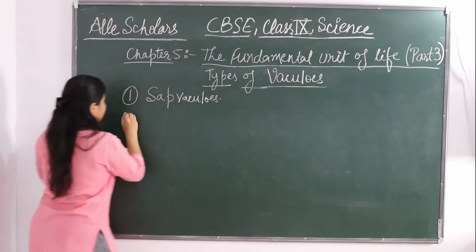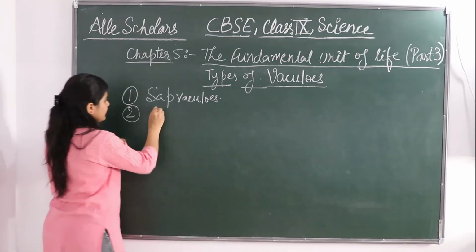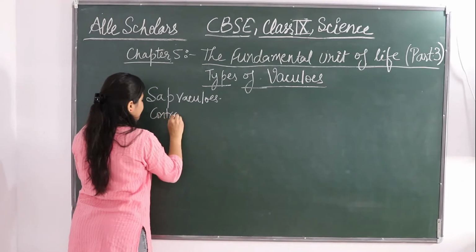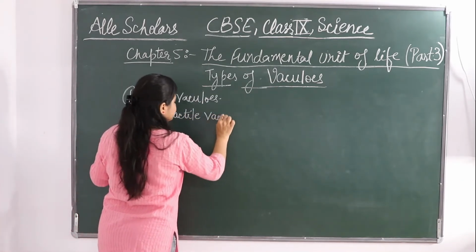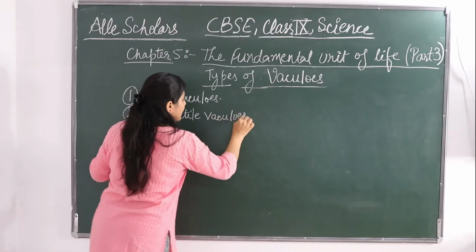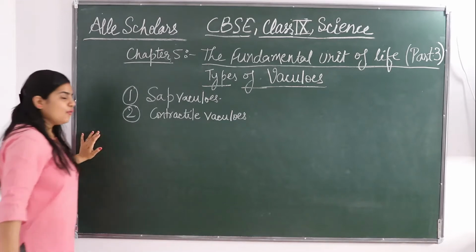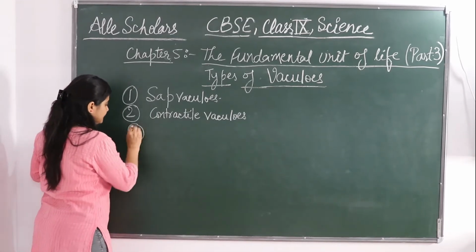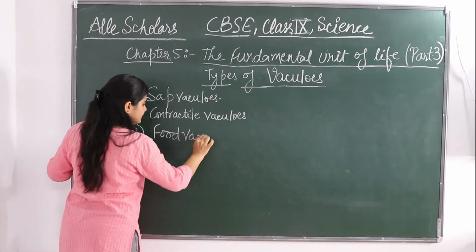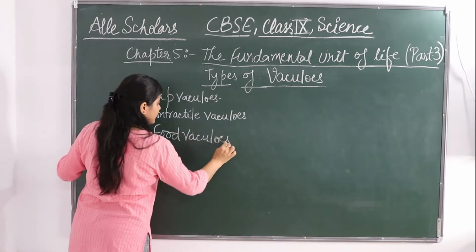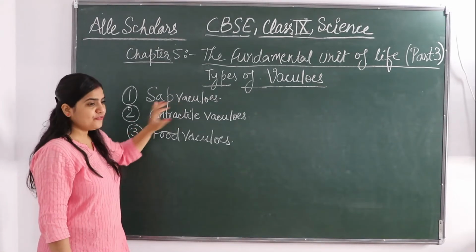The second one is the contractile vacuole. And the third one is the food vacuole. So let's see about sap vacuoles.